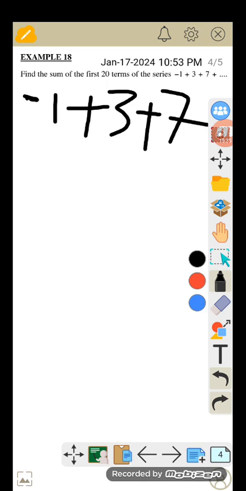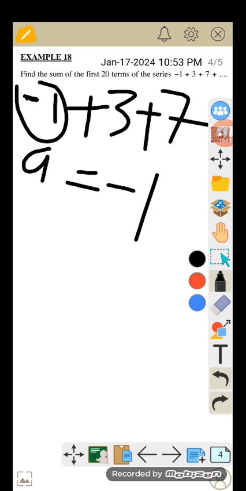Our a is our first term, which is minus 1. From there, we are going to check whether this is an arithmetic sequence or a geometric sequence.